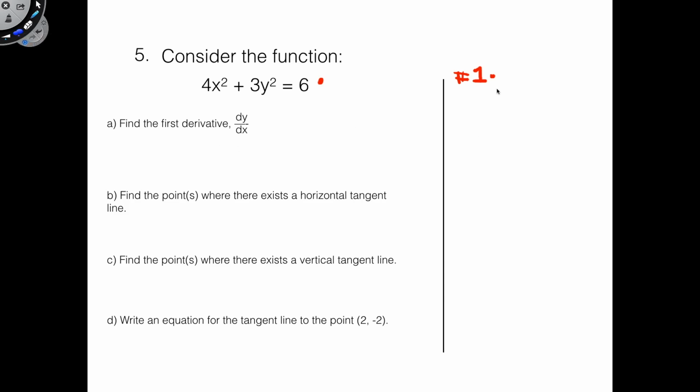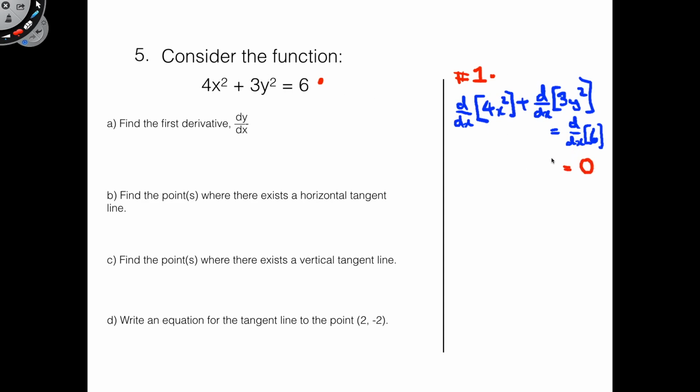So we just start by taking the derivative of each term as always. So d/dx of 4x squared plus d/dx of 3y squared equals d/dx of 6. Okay, so this is going to equal 0, right?